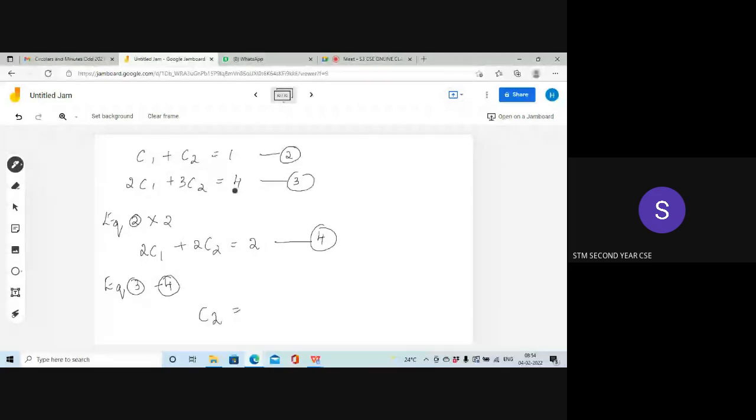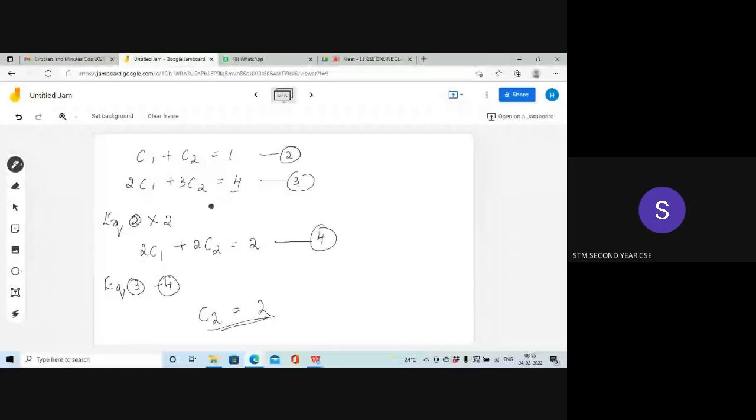Sorry, it is equation 3 minus equation 4: 4 minus 2, you will get C2 to be 2. Isn't it? So we have found out the value of C2 as 2.